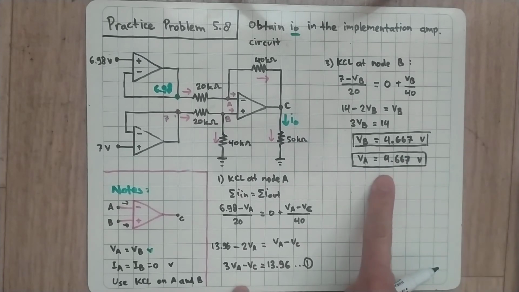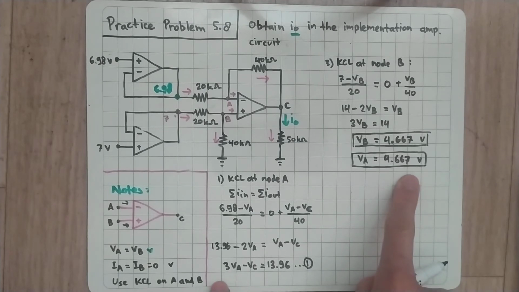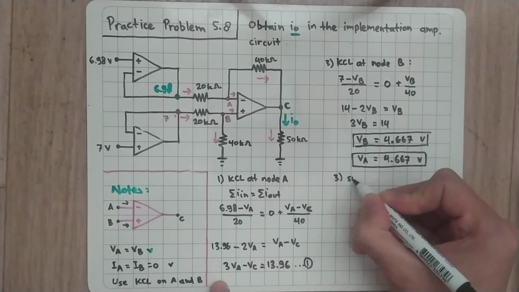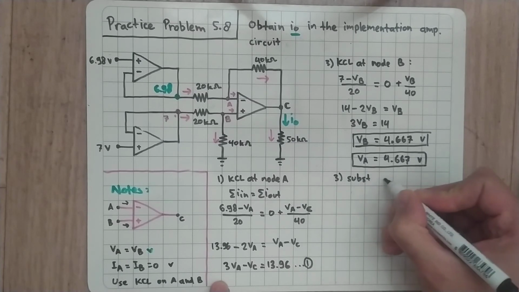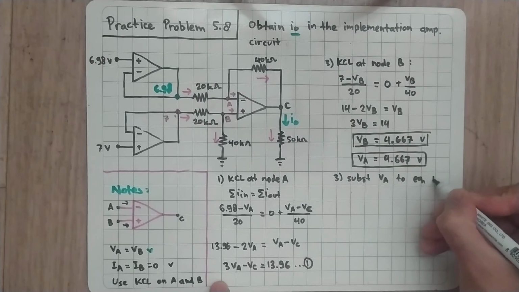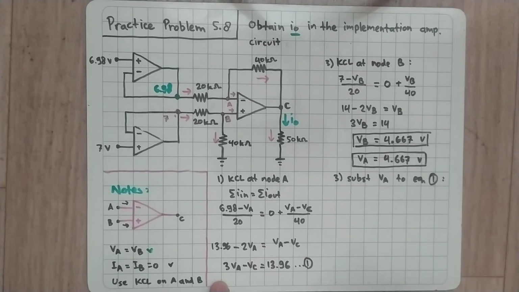And then by using VA here, we will have VC. So we can substitute VA into equation 1. Okay, let's do that.